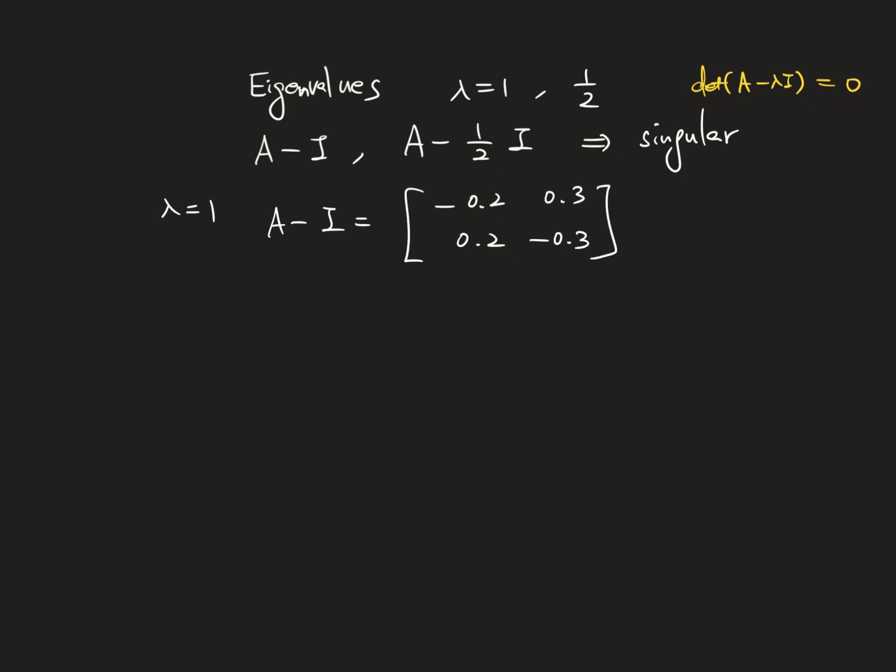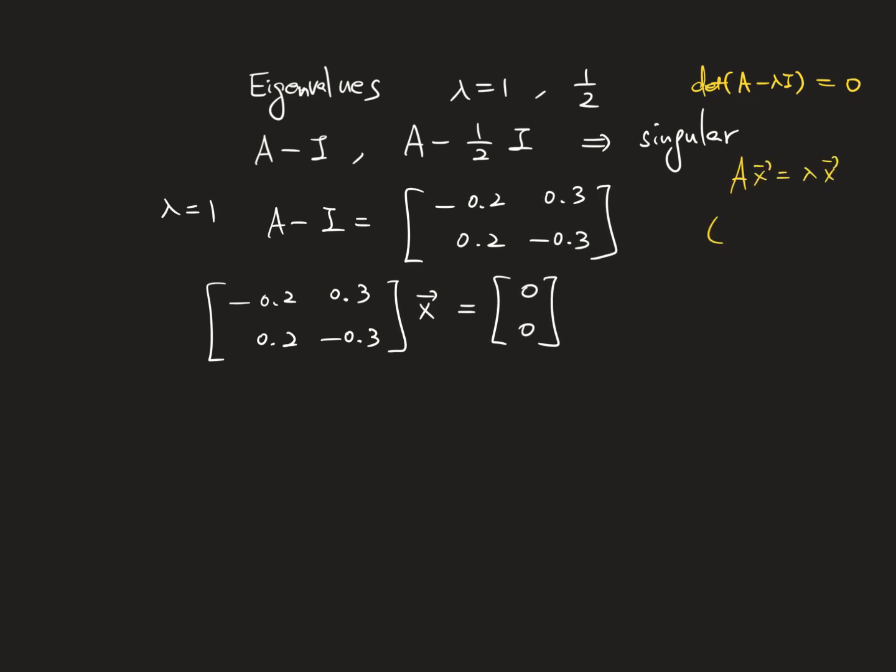And we want to solve. I think we have to write again to explain. Now we solve this one. The x vector will be the 0 vector, because the equation is Ax equals lambda x, but now we have A minus lambda I times x vector will be 0 if x vector is an eigenvector.